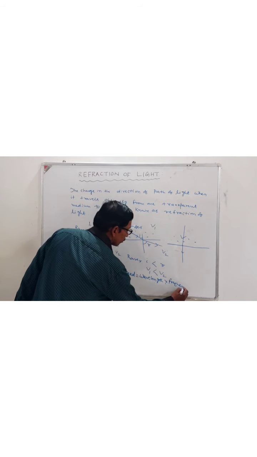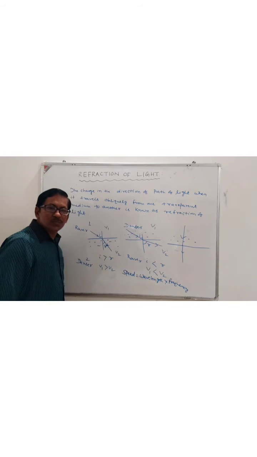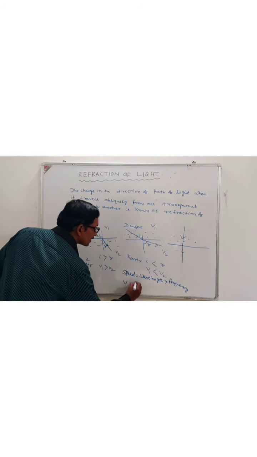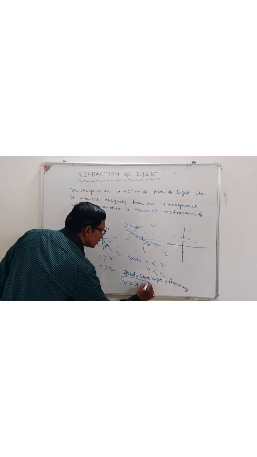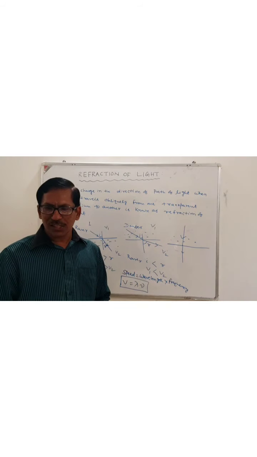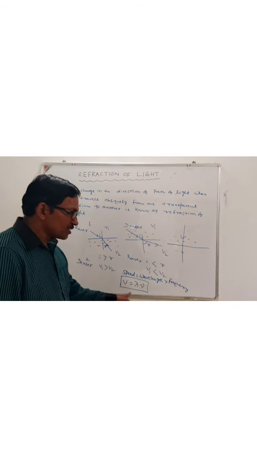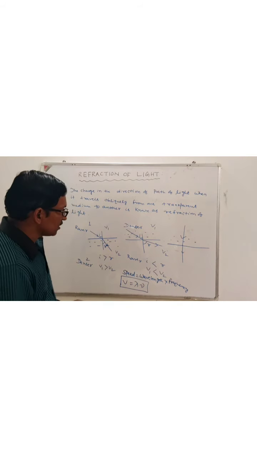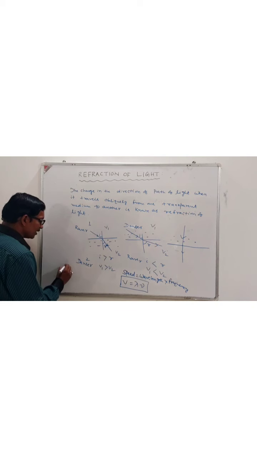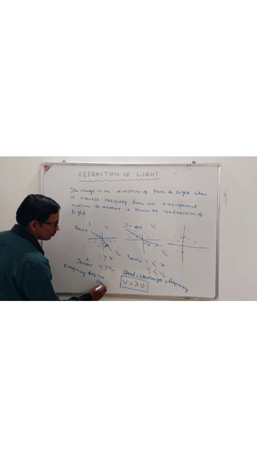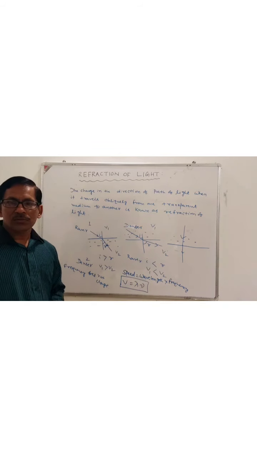If I write V for speed, lambda for wavelength and nu for frequency, then V is equal to lambda nu. That means when light travels from one medium to another, speed changes, wavelength changes, but frequency remains constant. It does not change. Very important point: frequency does not change when light travels from one medium to another.